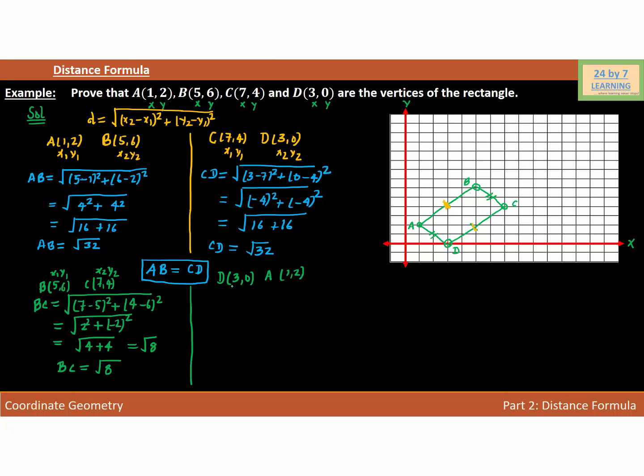Now let's try to find DA. So this is my x1, y1 and this is my x2, y2.